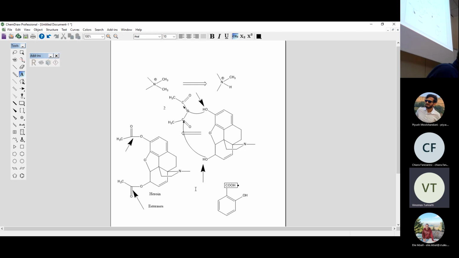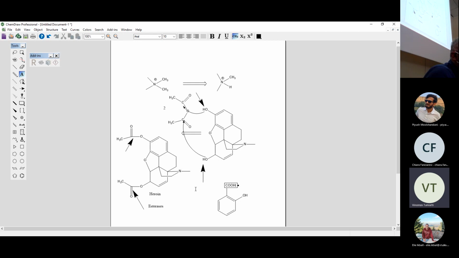The transformation of morphine into heroin was performed at the beginning of the 19th century by a German company called Boehringer. But why did they use this type of reaction?